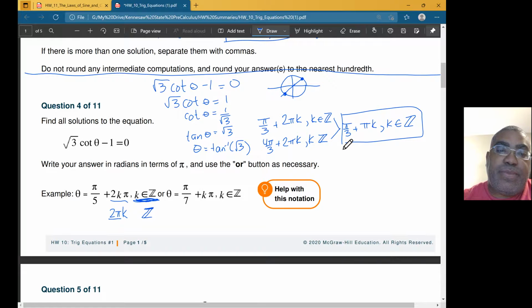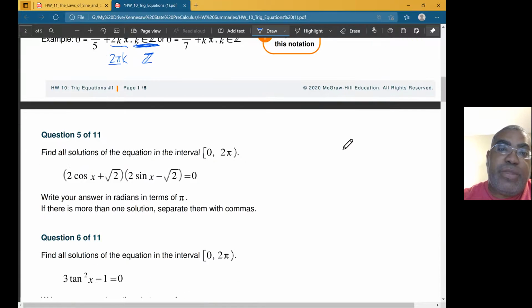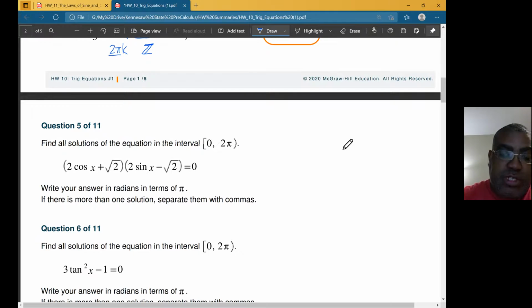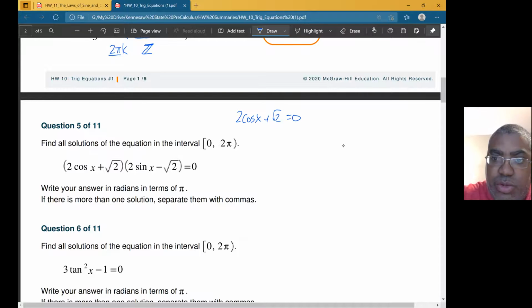Okay. Again, we're going to see all this again. Find all solutions to this. So we end up with two instances. So we end up with 2 cosine of x plus √2 is equal to 0, and 2 sine of x minus root 2 is equal to 0. Solve both of them. So 2 cosine x is equal to negative root 2.